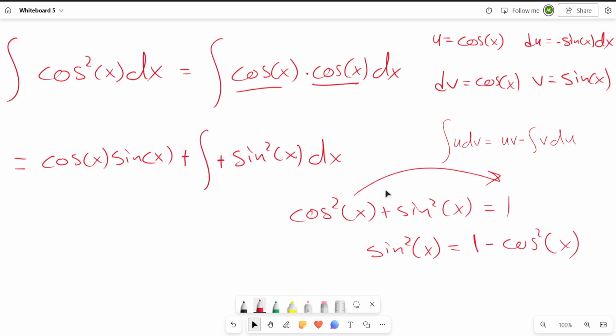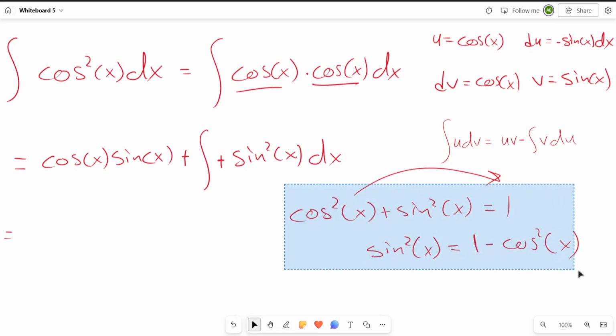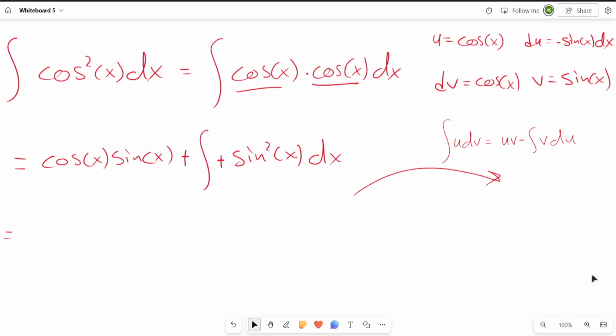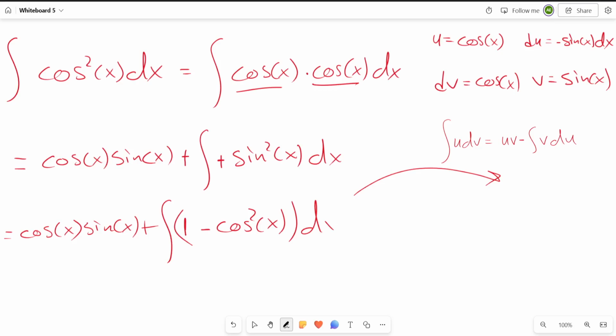So I can rewrite this whole thing, let's erase this part, as cosine of x sine x plus integration of, instead of sine squared of x, I'm going to write 1 minus cosine squared of x multiplying dx.